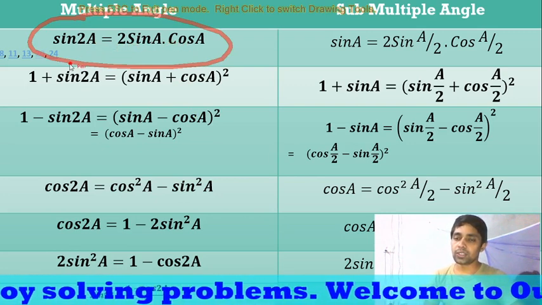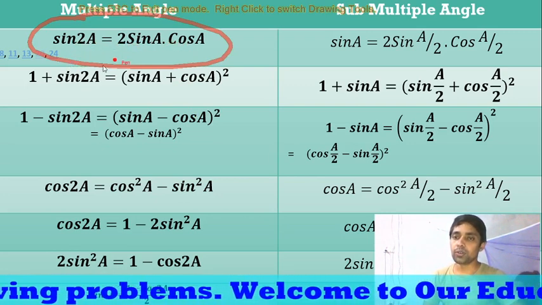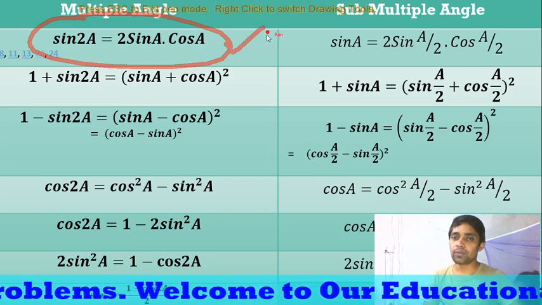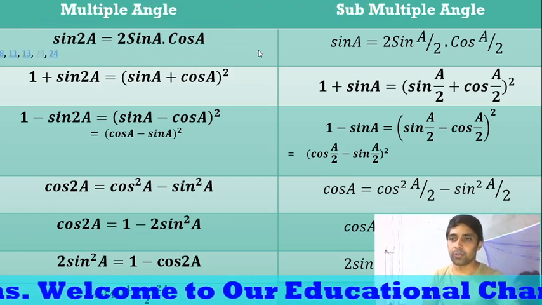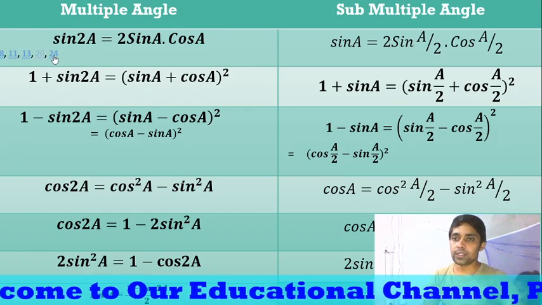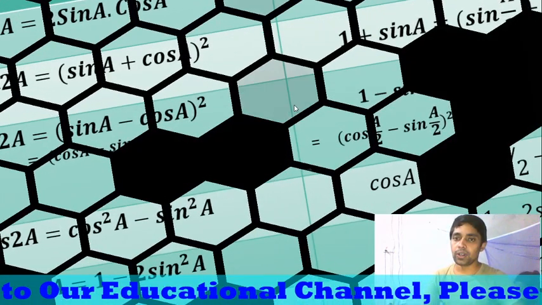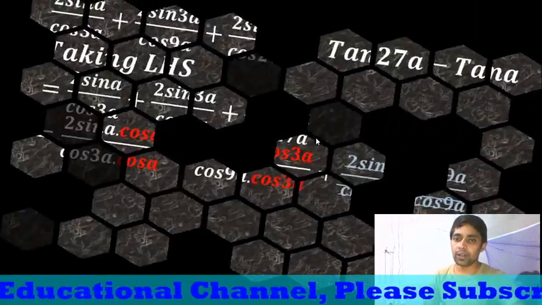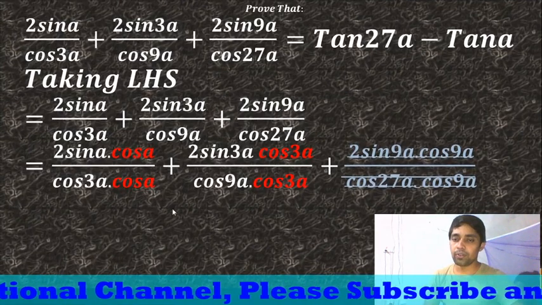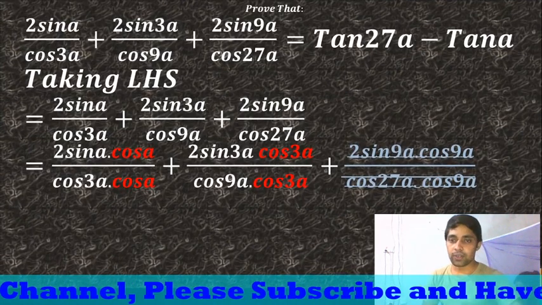So in each case, each numerator will have this format formed. So we'll directly apply the sine 2a formula here. As we apply this sine 2a formula, every numerator will come in sine 2 theta format.